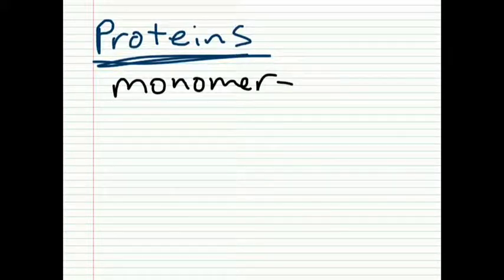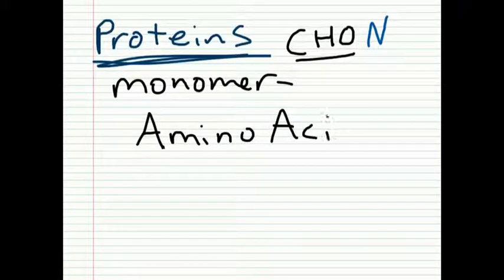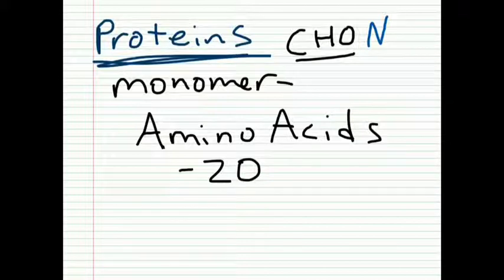Now let's move on to the proteins. Proteins contain the normal three, carbon, hydrogen, and oxygen, but they also contain a fourth element, nitrogen. And proteins, they're made up of what we call amino acids. There's 20 of them that exist.